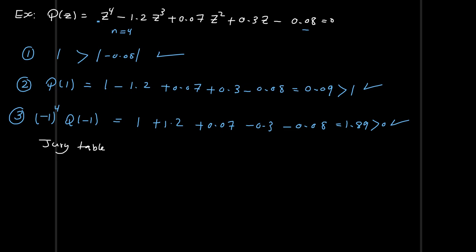So here I will say z to the power 0, z to the power 1, z to the power 2, z to the power 3, until I'm reaching z to the power 4. Now the first line is taken directly from the characteristic equation by collecting the coefficients. So the coefficient of z to the power 0 is minus 0.08. The coefficient of z to the power 1 is 0.3. The coefficient of z to the power 2 is 0.07.